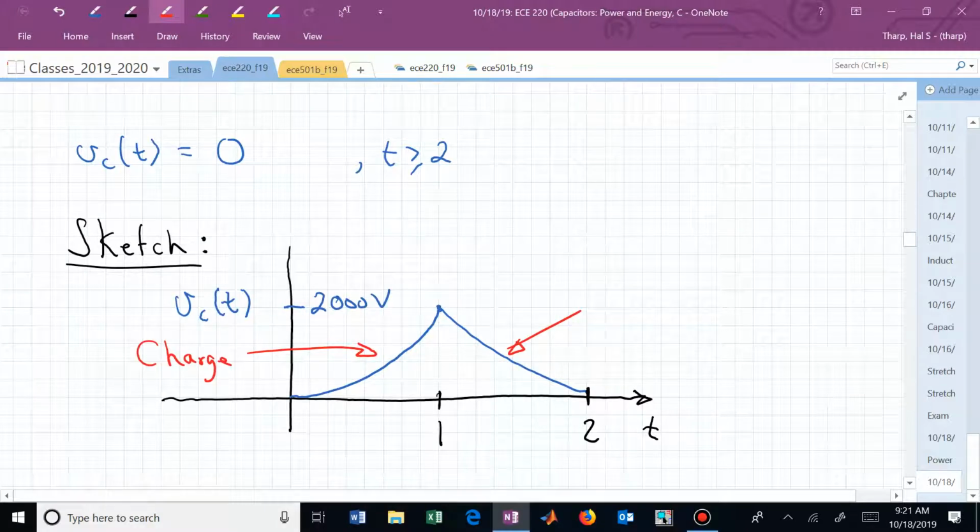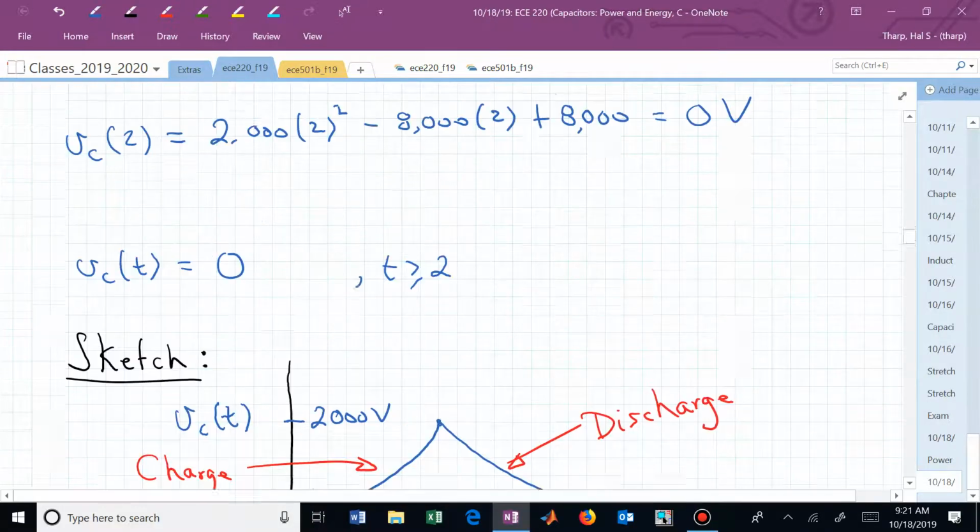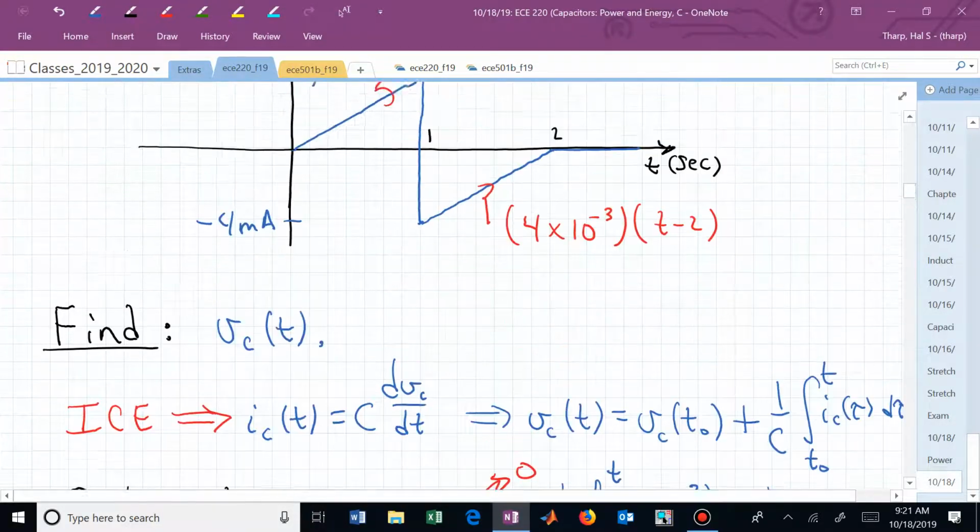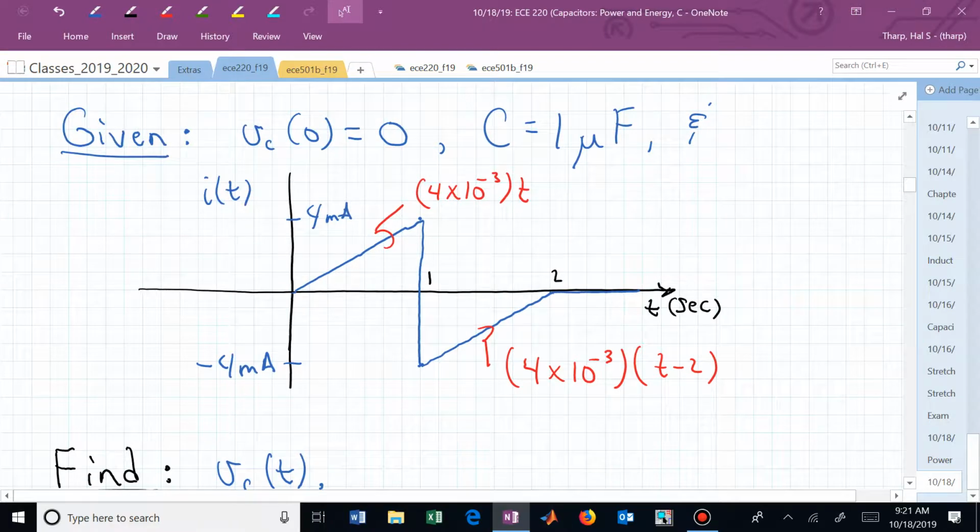And it's then giving back that charge in the second time interval, or it's now discharging. And that was determined by applying this current wave shape from 0 to 2.